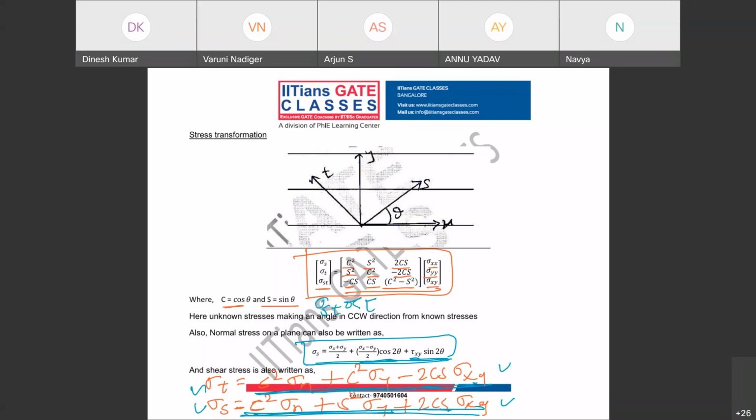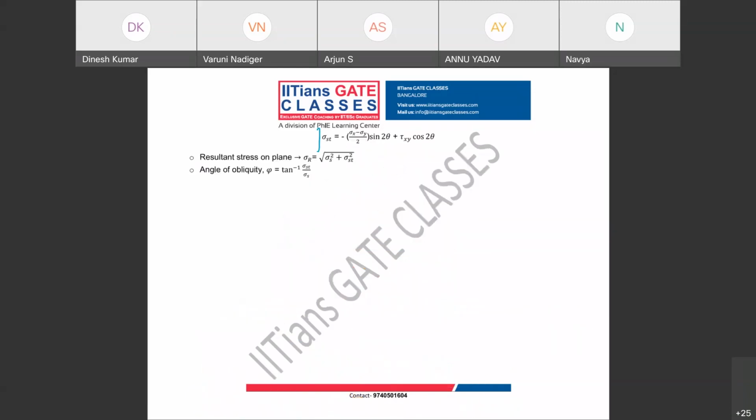If you simplify, it is minus cs sigma x plus cs sigma y plus c square minus s square into sigma xy, and we know c square minus s square is cos 2 theta, right? So you can further simplify that formula and write it in this form. So this is your stress transformation.